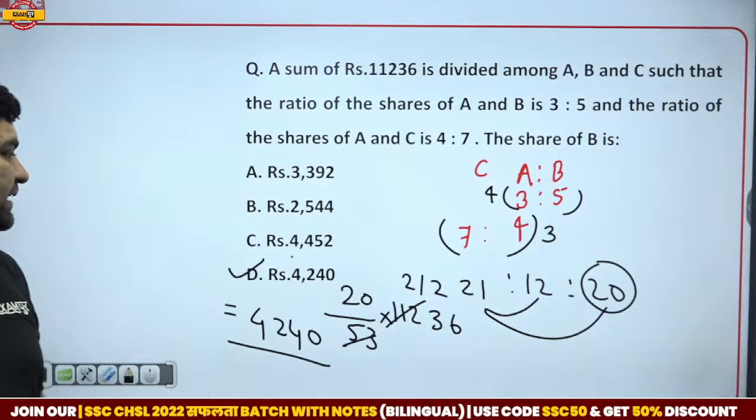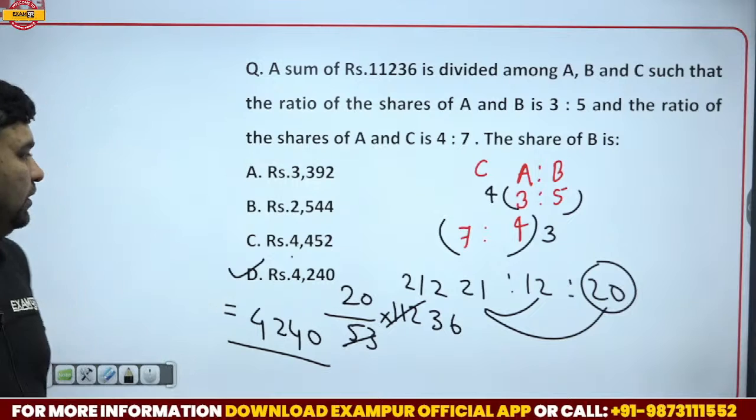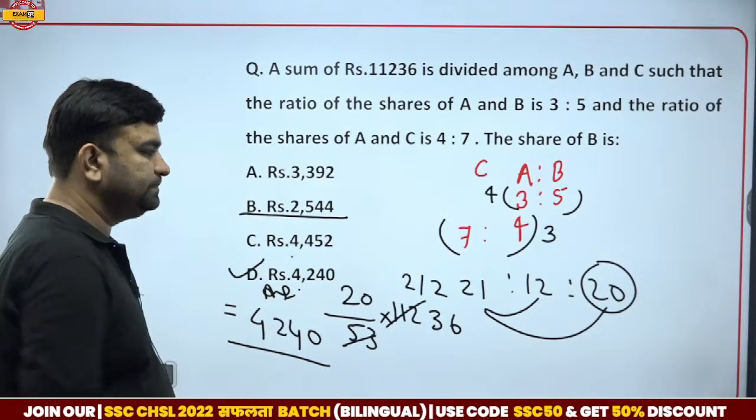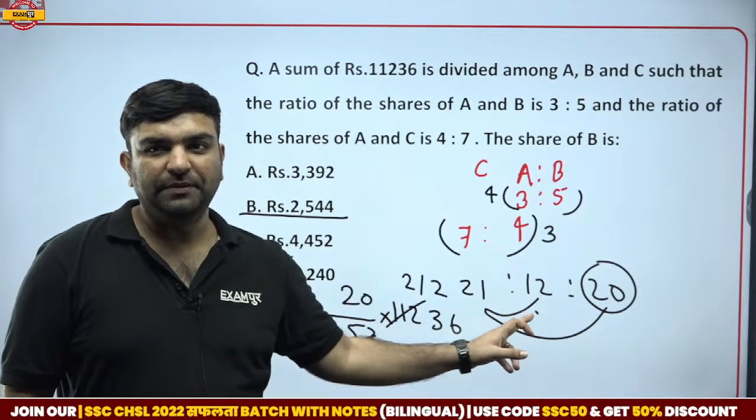Moses, what is the error you have made, my dear? Why are some of you getting this answer? Ultimately, this answer is D. Are you taking this as B?